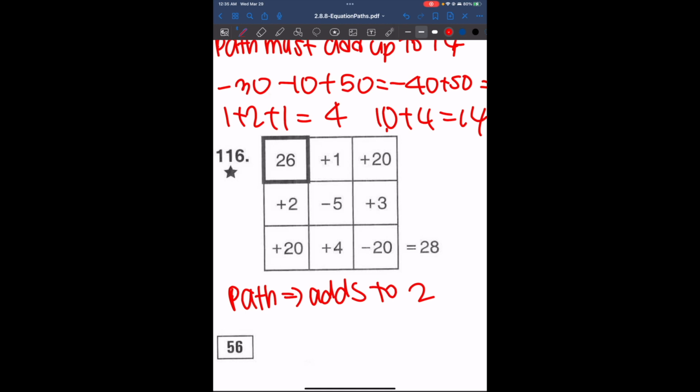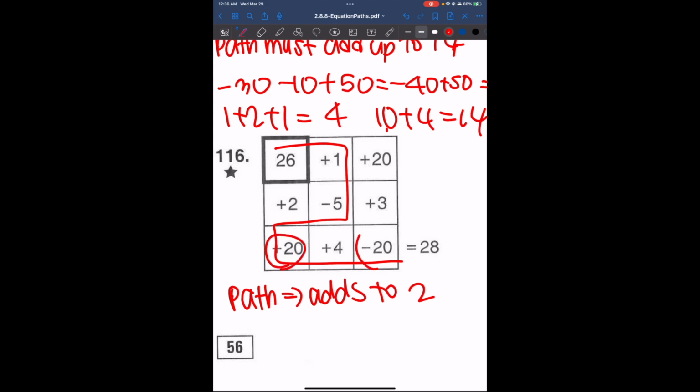And so here, we're going to take this path, so we'll try and see if it works.